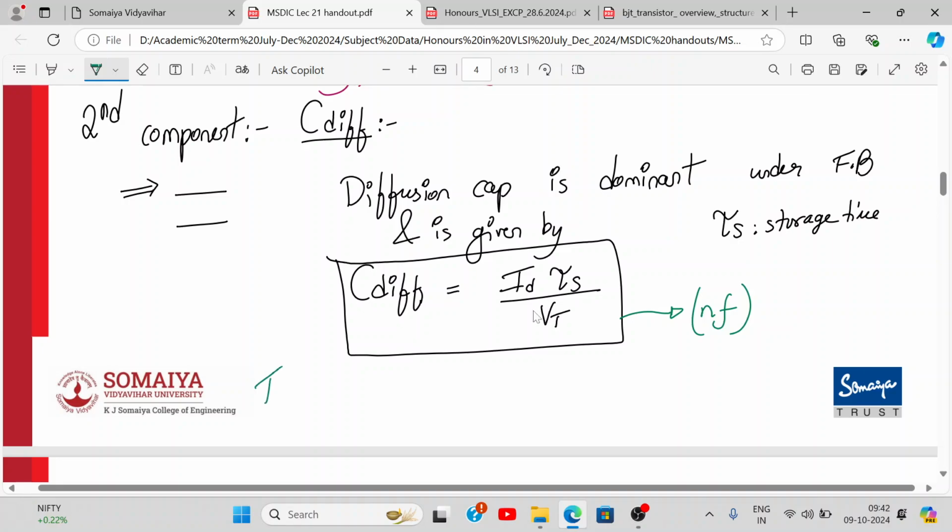What happens in reverse bias? There is no diffusion of carriers, no? So in reverse bias, C_diffusion is negligible. It only happens in the forward bias due to diffusion of charge carriers across the junction.